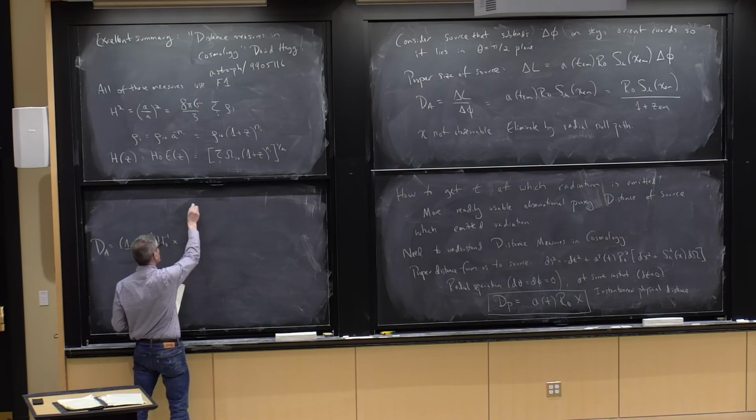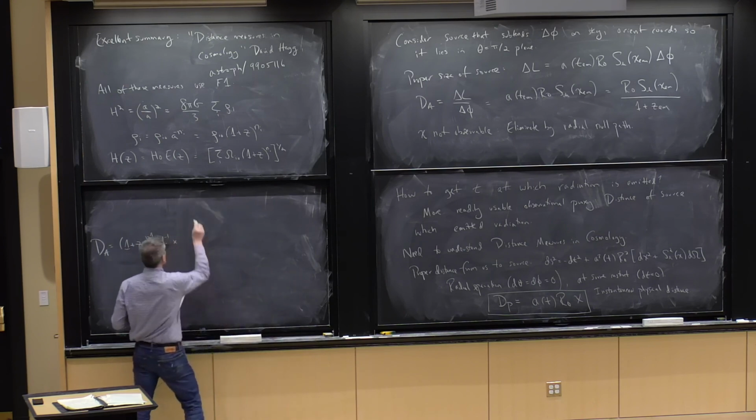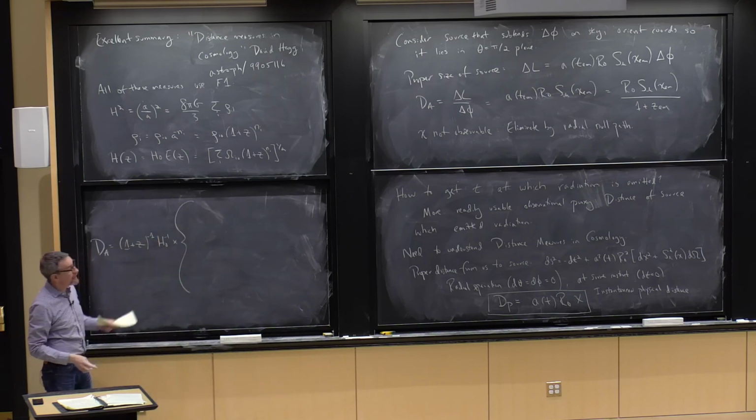And then our solution breaks up into 3 branches, depending upon whether k equals minus 1, 0, or 1.